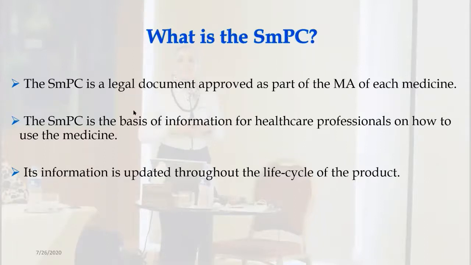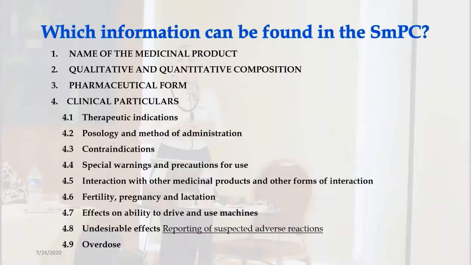So let's see what information we can find in the SMPC. In the SMPC, we can find the trade name of the medicinal product and the qualitative and quantitative composition, which includes the active ingredient information, the quantity per unit dose, and the list of excipients and their quantity, and the pharmaceutical form, the dosage form of this product. Under the clinical particulars, we have to specify the therapeutic indications and pathology and method of administration.